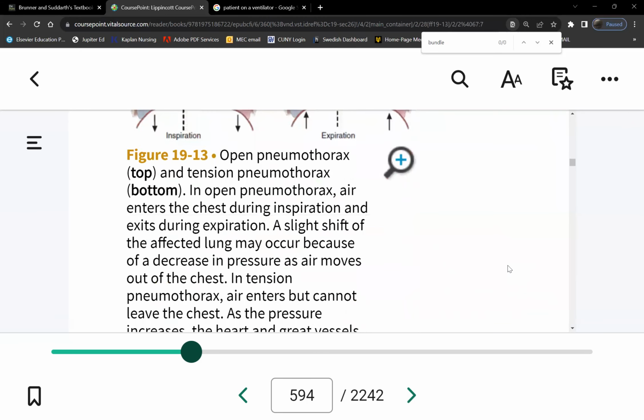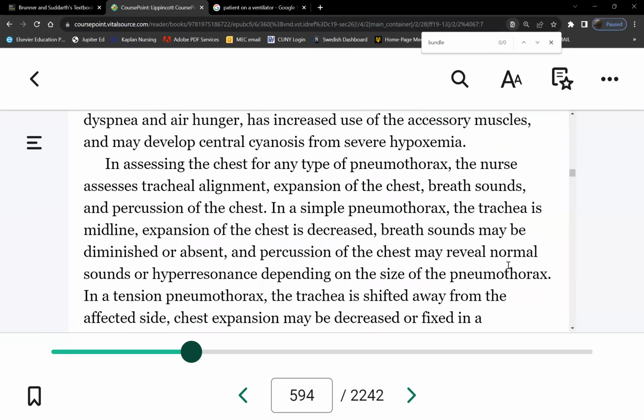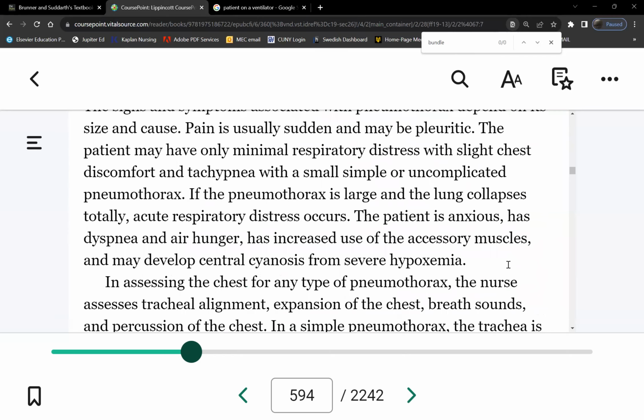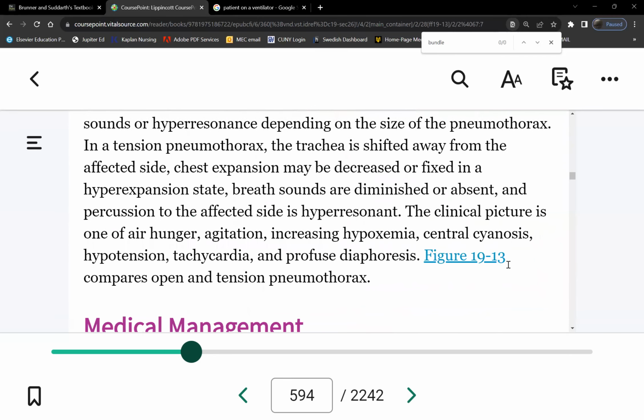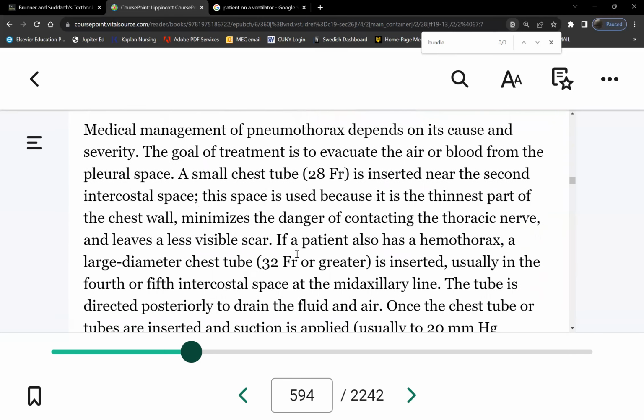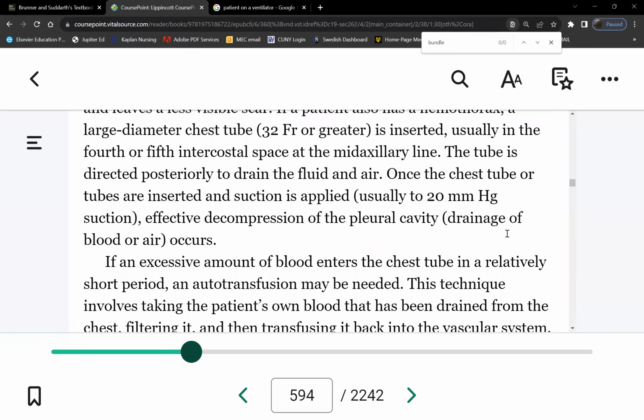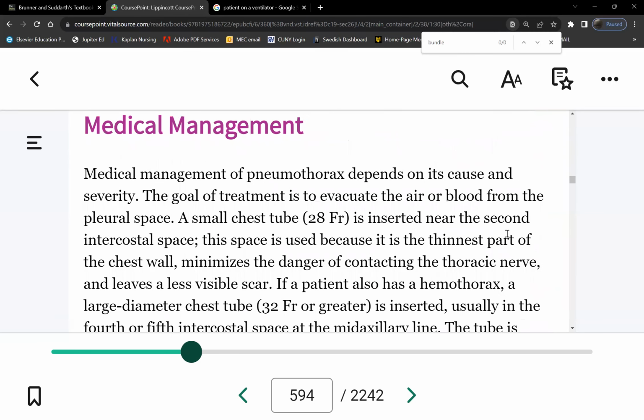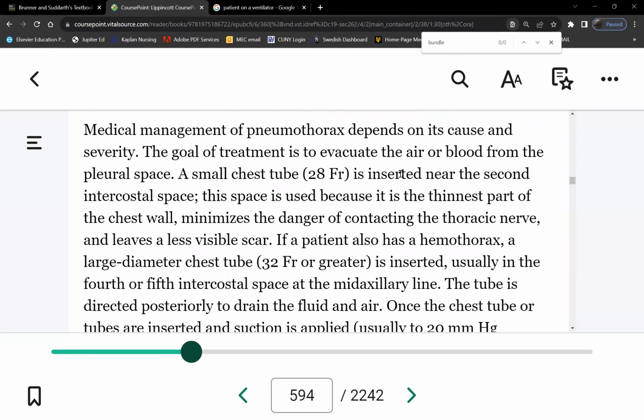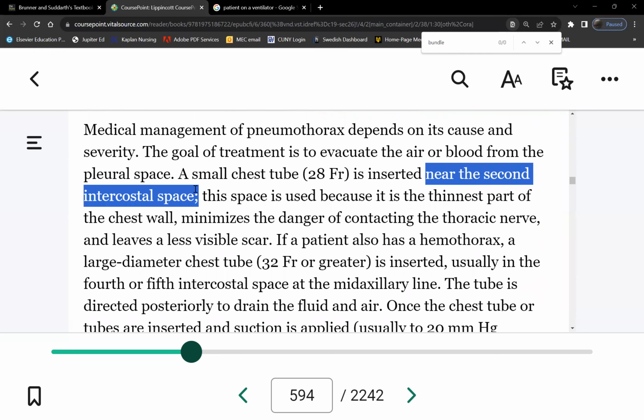Where will the doctor insert a tube? Okay, so let's look at the terms first. So under intervention, where will it be inserted? The second intercostal space. Why there? I was stabbed down here.